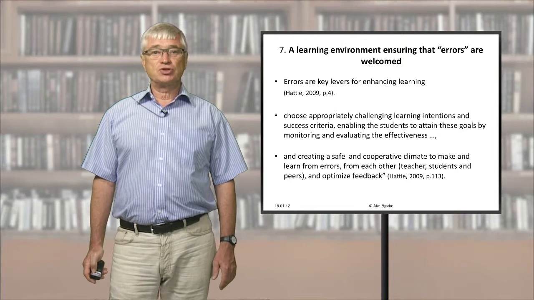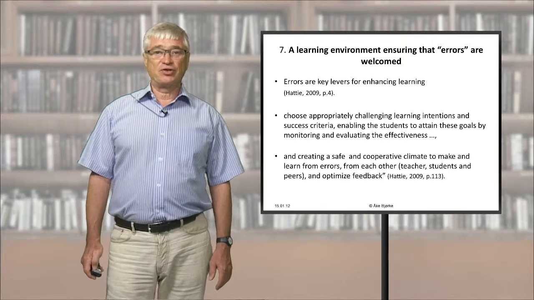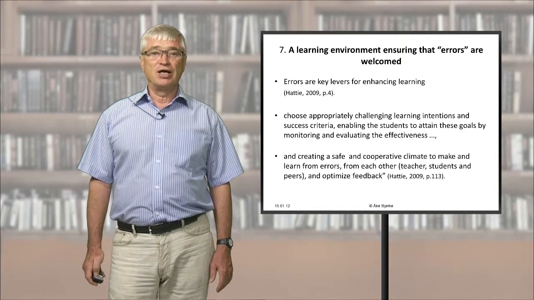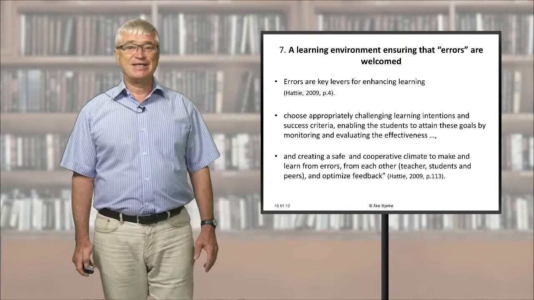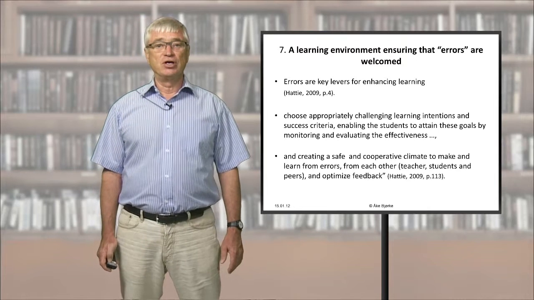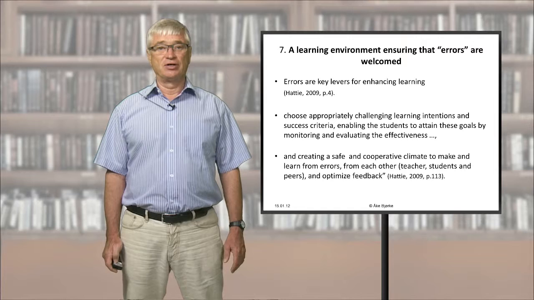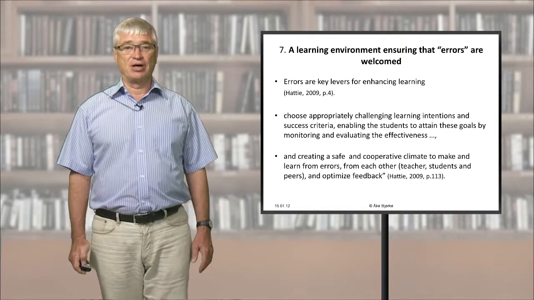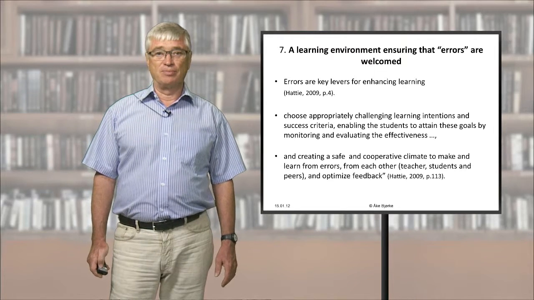So choose appropriately challenging learning intentions and success criteria, enabling the students to attain these goals by monitoring and evaluating the effectiveness, and creating a safe and cooperative climate to make and learn from errors, from each other, teacher, students and peers, and optimize feedback. So errors, in other words, are welcome.